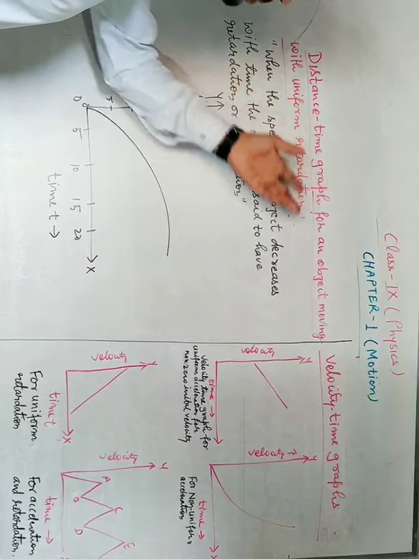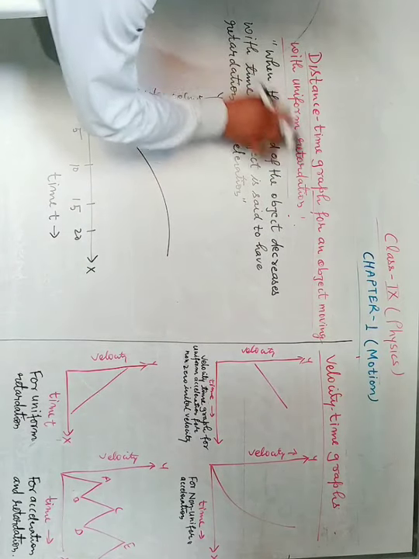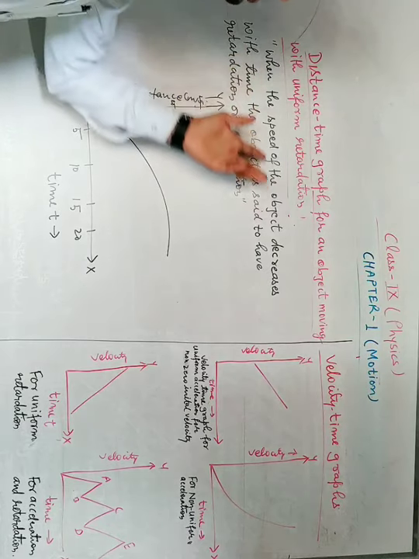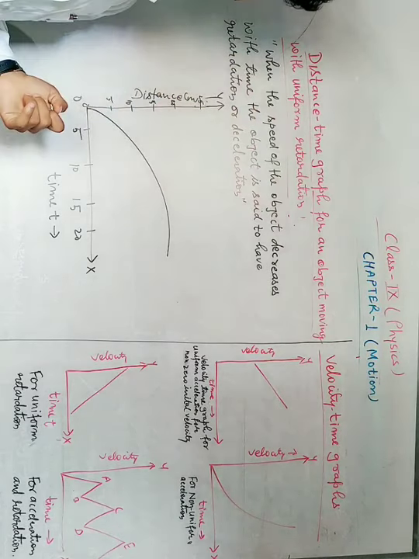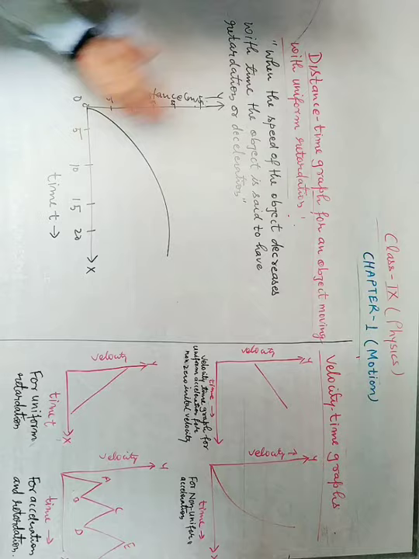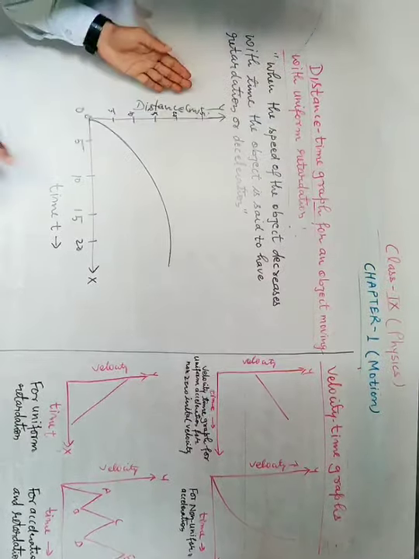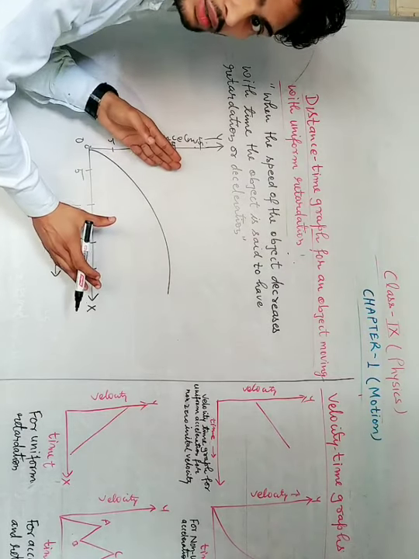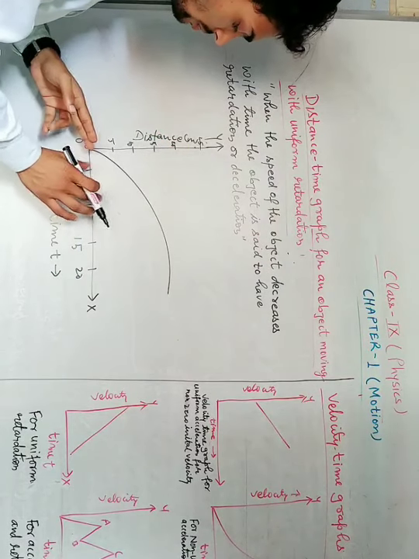Okay. Distance time graph for an object moving with uniform retardation. All of you know that when the speed of an object decreases with time, this is called retardation. If any object is moving with retardation, then we can draw the graph in this way.